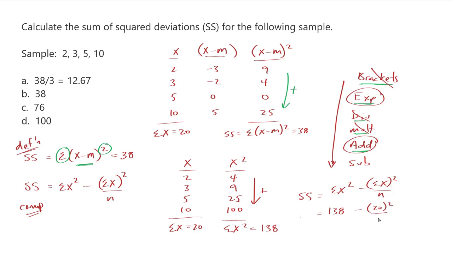I'll have to square that and divide by 4. 20 squared is 400. 400 divided by 4 is 100. So this is going to give me 138 minus 100. That gives me 38, which is the exact same result I got using the other formula. So my answer is B, 38.